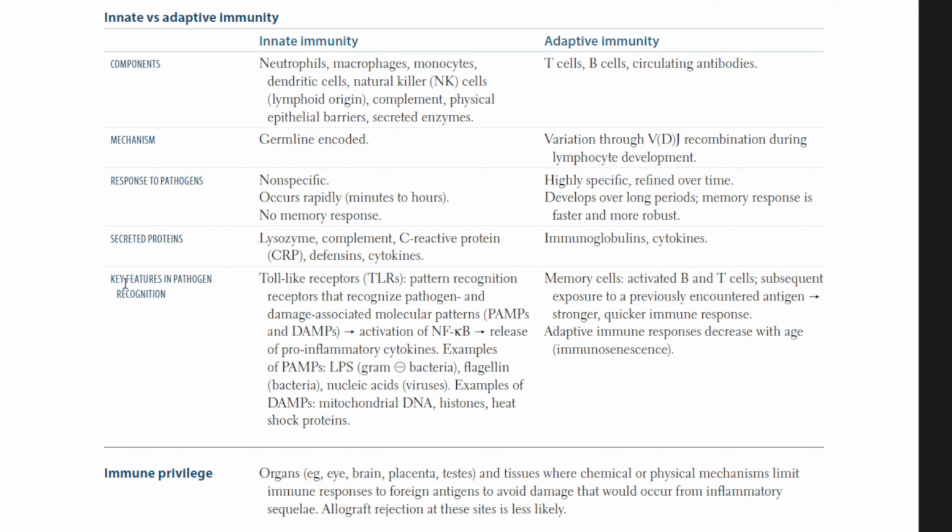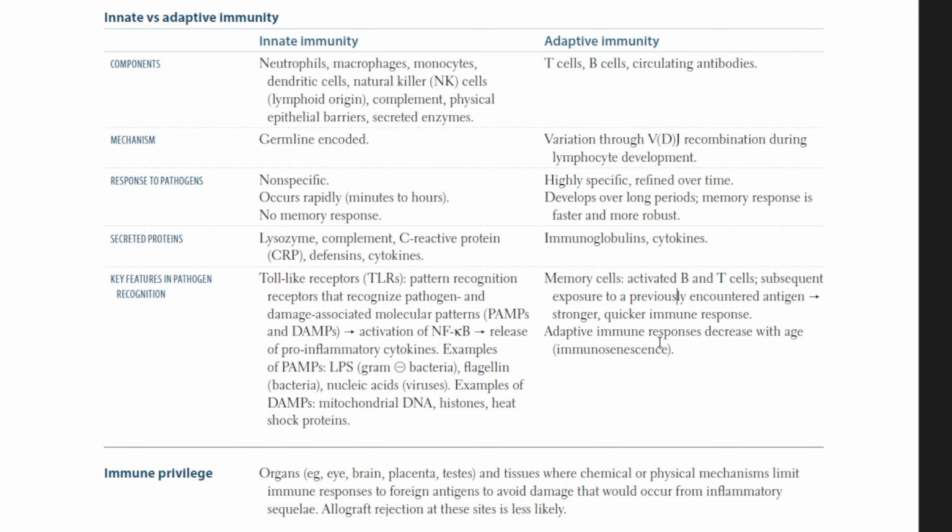The key feature for pathogen recognition is the memory cells: activated B and T cells, on subsequent exposure to a previously encountered antigen, give you a stronger and quicker immune response. So if you are exposed to the same bacteria again, let's say two or three months later, you're going to have a stronger immune response. It's the same case as an allergic reaction.